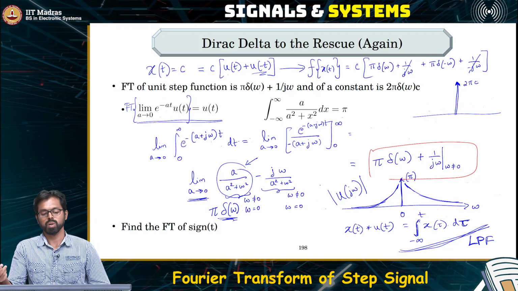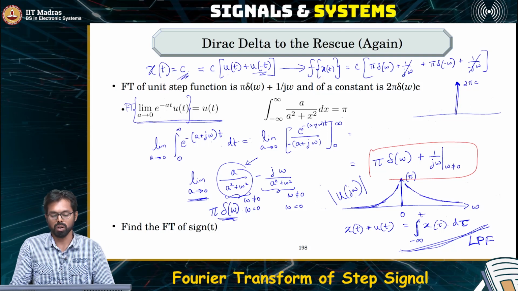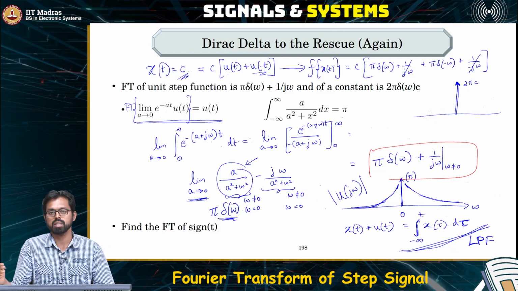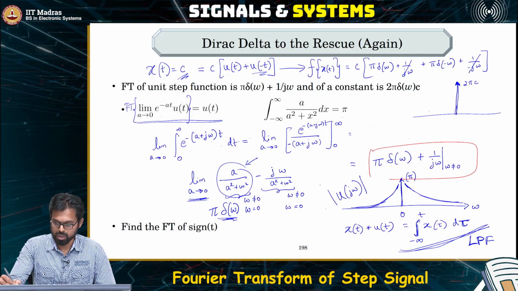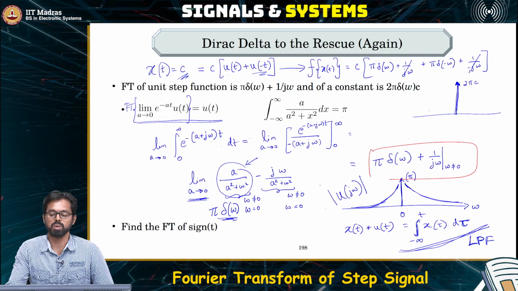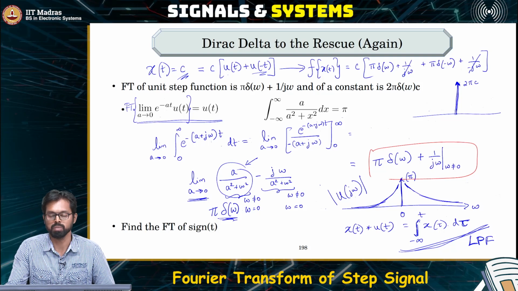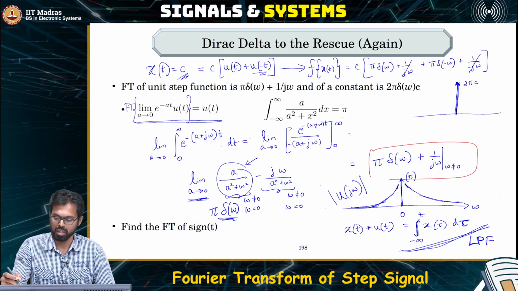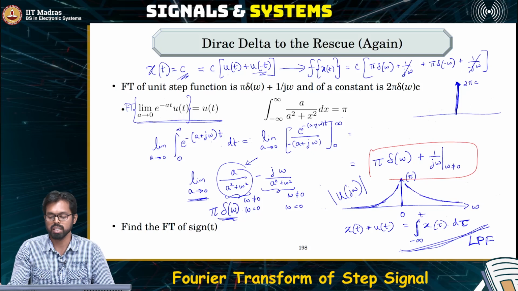And it makes sense because a constant is basically a DC signal. It has no other frequency components, nothing else. It is just a DC signal, which means the spectrum should also reflect that at omega equal to 0, that is frequency equal to 0, we should see some non-zero value. For everything else, we should see 0. That's exactly what we are seeing here. We are seeing a non-zero spectrum only for the DC value, everywhere else it is 0.